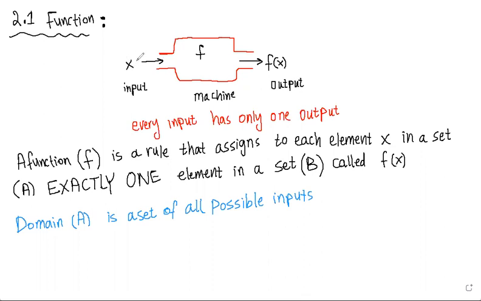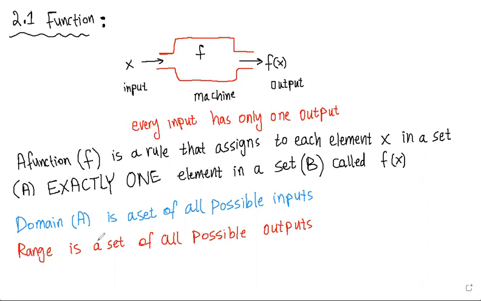Whatever possible inputs go inside this machine is called domain. And the range is a set of all possible outputs. Whatever this machine gives me as output is called the range.